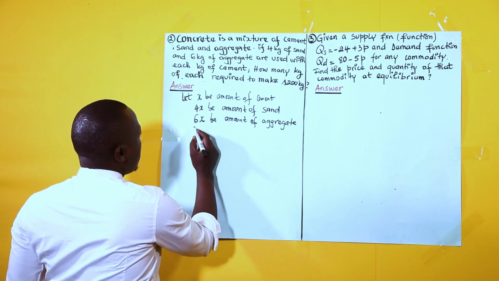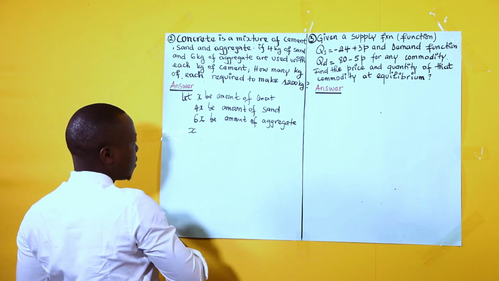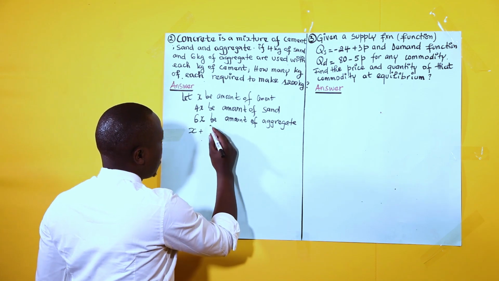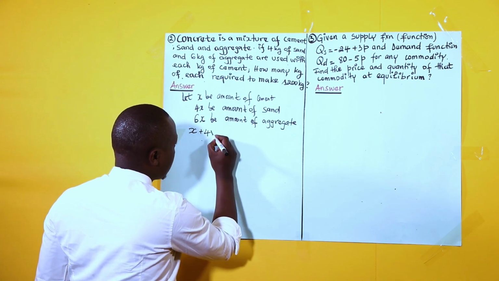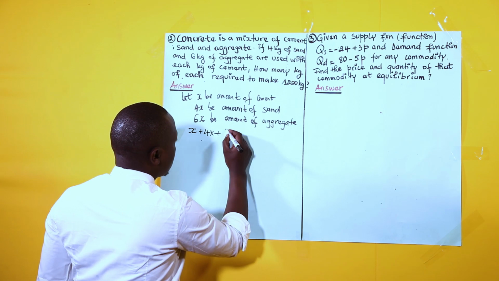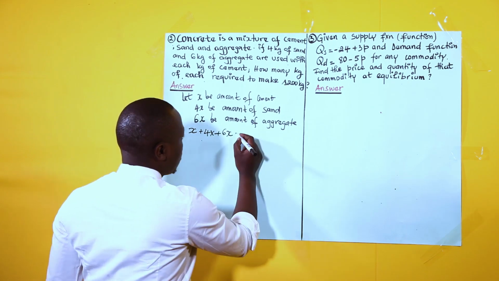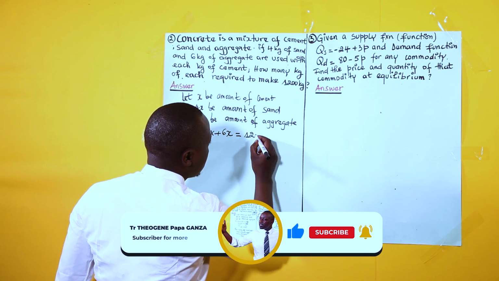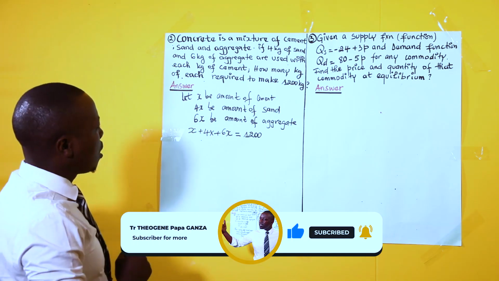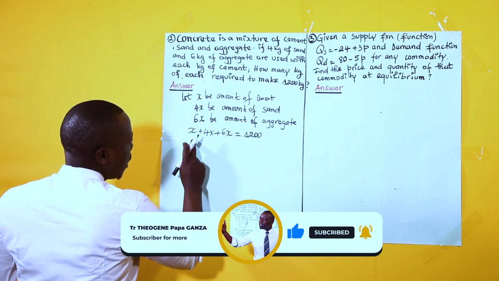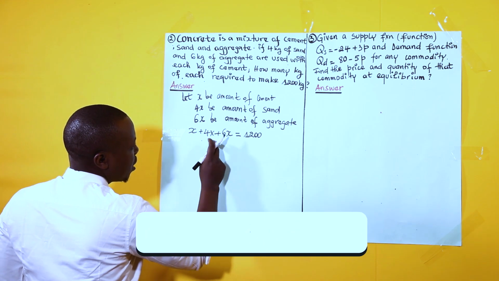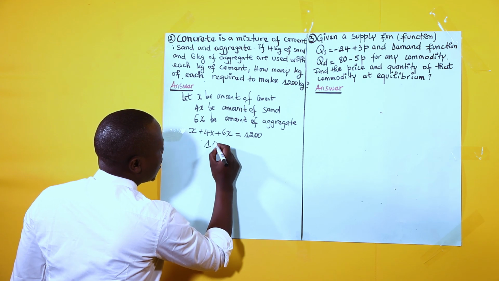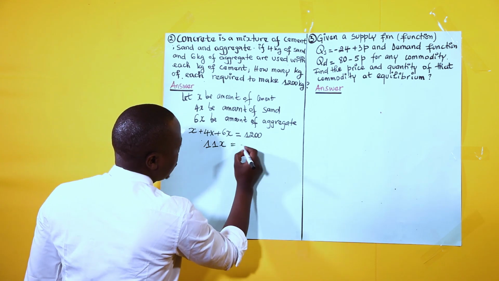The total amount means x, the amount of cement, which we don't know, plus the amount of sand 4x, plus 6x, equals 1,200, right? Now, x plus 4x plus 6x gives us how many x's? Here it is 11x equals 1,200.